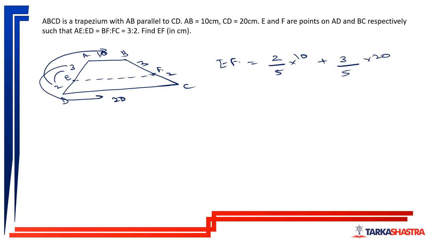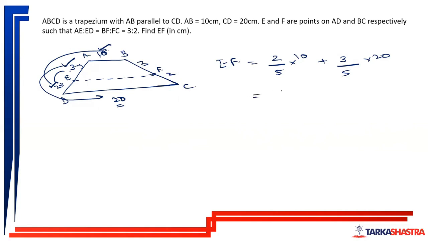So if this is x, this is y, then it will be x upon (x plus y) into a plus y upon (x plus y) into b. Just try to understand how I have applied it. This 2 multiplied by this 10 upon 2 plus 3, and then this 3 multiplied by this 20 upon 2 plus 3. This is how you can find any segment which is parallel to the parallel sides of the trapezium.